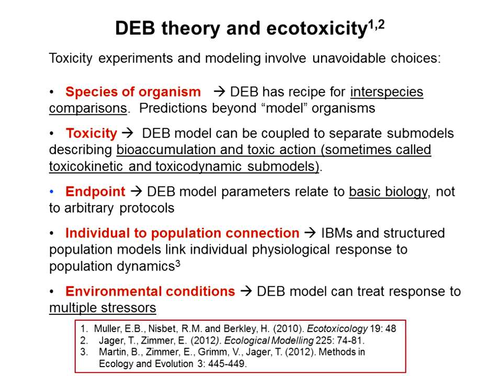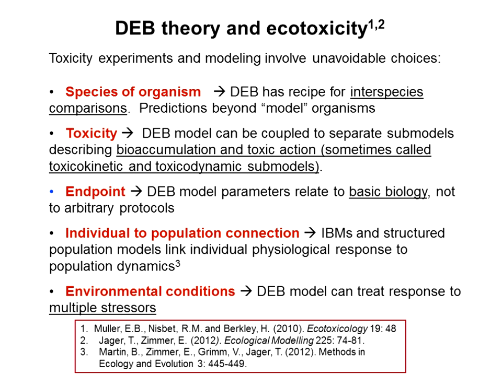Next, and important, the DEB model that I showed in the opening slide can be coupled to separate submodels that take account of some things we know about the contaminant. In particular, we can describe the processes of bioaccumulation within the organism, that is, how fast a contaminant enters the organism and where it goes once it's in the organism.